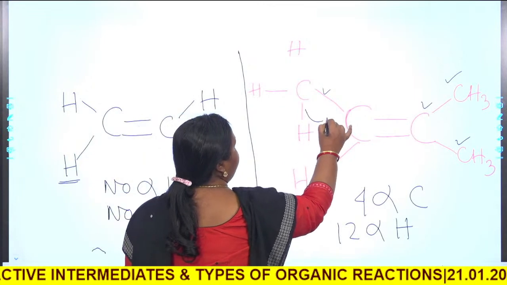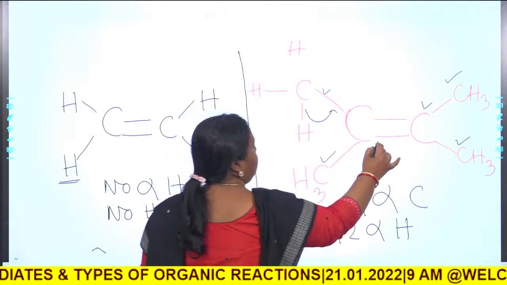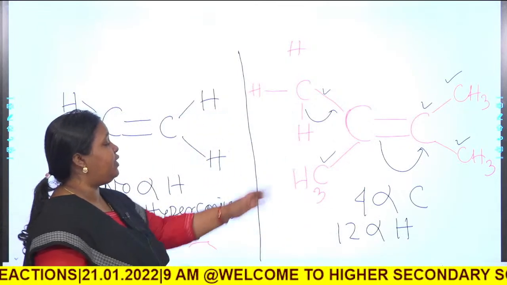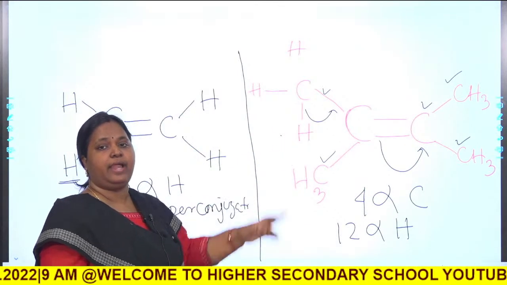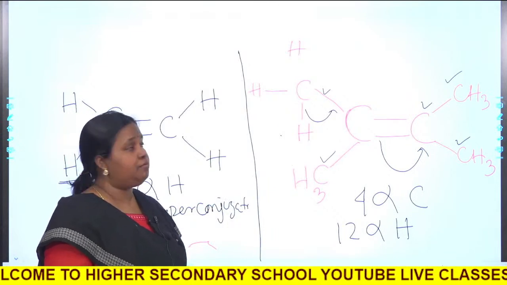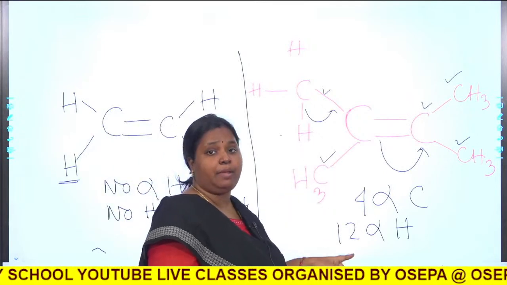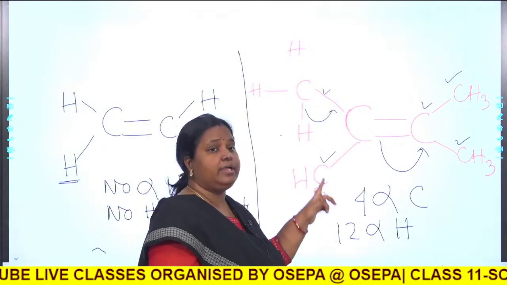Similarly, this bond can migrate to this and this pi bond will break down over this carbon. So, for each methyl group I can write 3 hyperconjugating structures. Hence, in total I can write 12 hyperconjugating structures for this molecule.